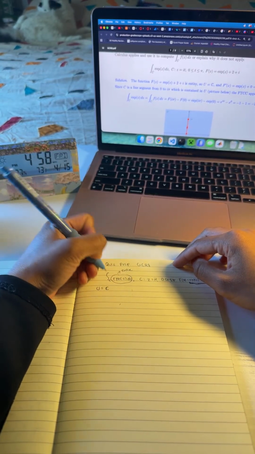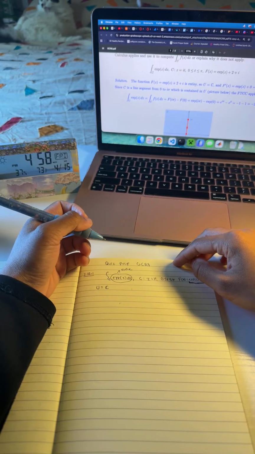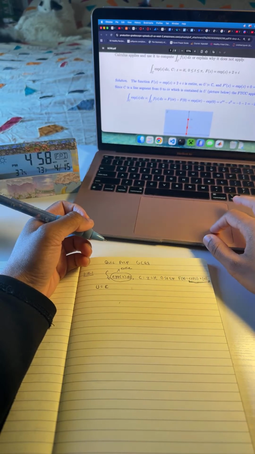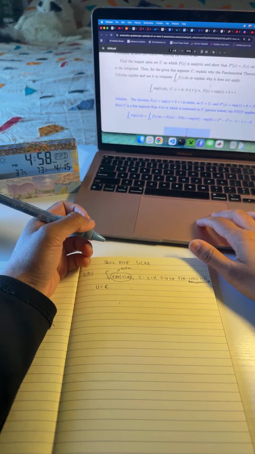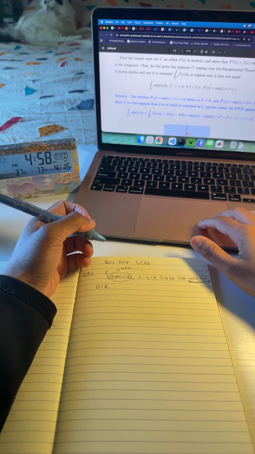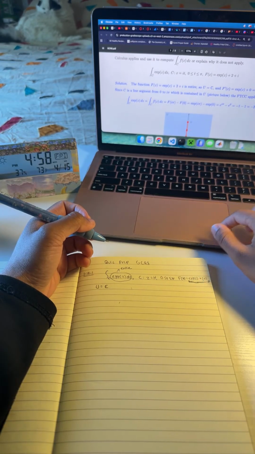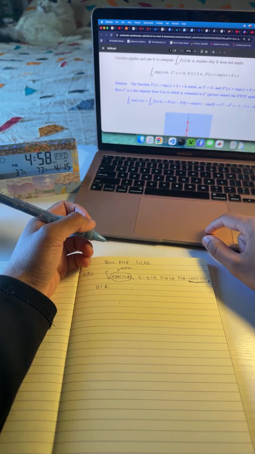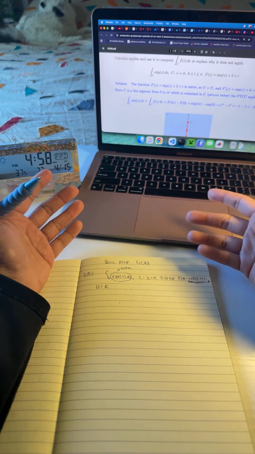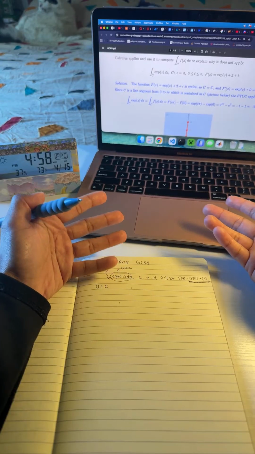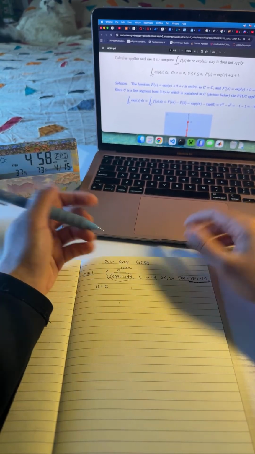So U is complex, right? What does that mean? It's complex. And F prime z is equal to e to the z plus 0, right, because the constants become 0 when you take the derivative. Exponents stay the same.